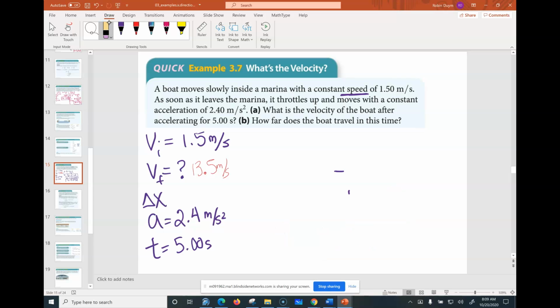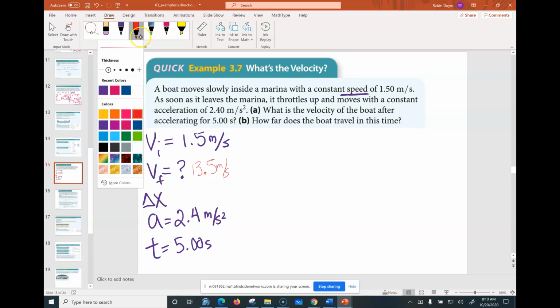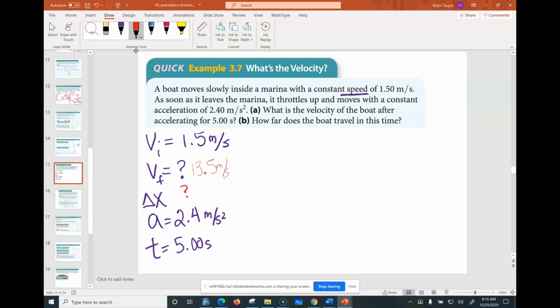So there's more than one way that you could find this. Let's find a good equation. In fact, try it now. Write down the equation you're going to choose in order to find displacement or delta x.